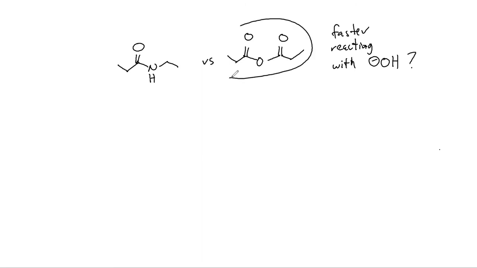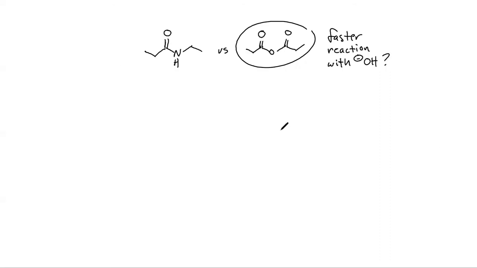We would choose the anhydride, because you are thinking about the quality of the leaving group or the partial positive charge on the carbonyl carbon. Either way, the partial charge is bigger here because oxygen is more electronegative than nitrogen, and this is also a better leaving group than the nitrogen.